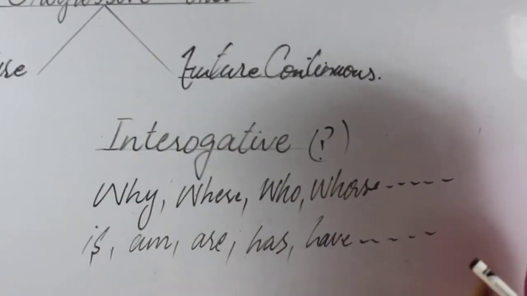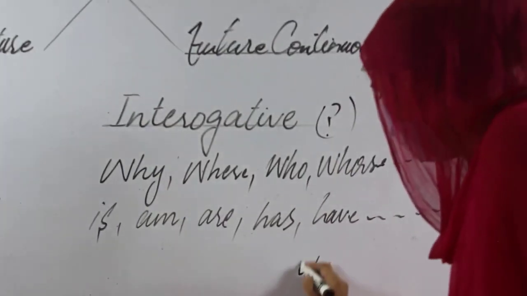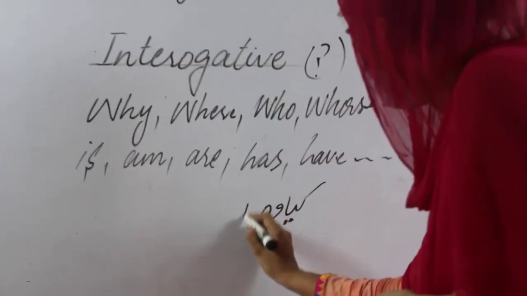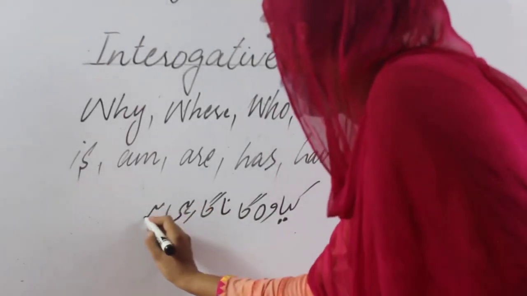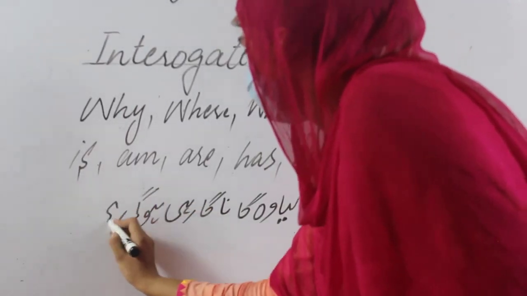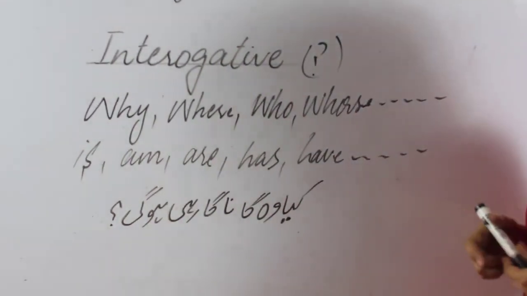So I am going to write an example: क्या वो गाना गा रही होगी? Then put the question mark at the end of your statement.